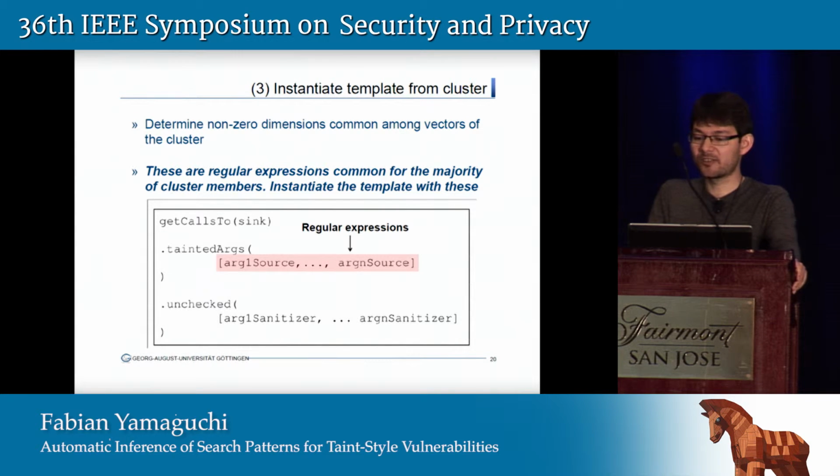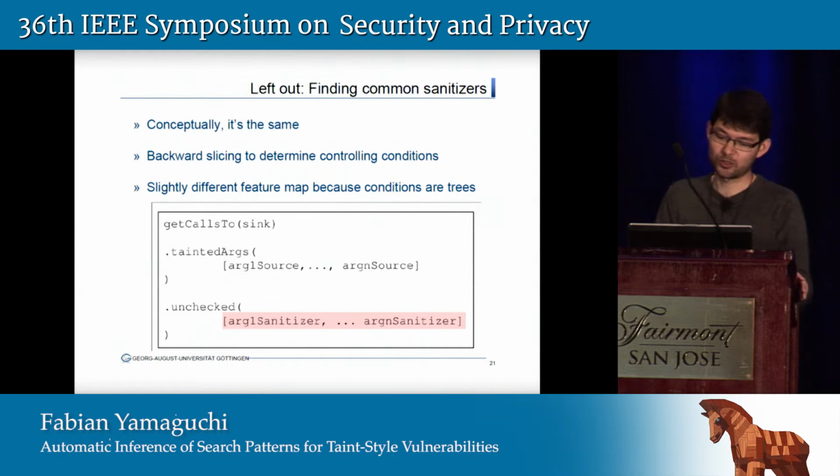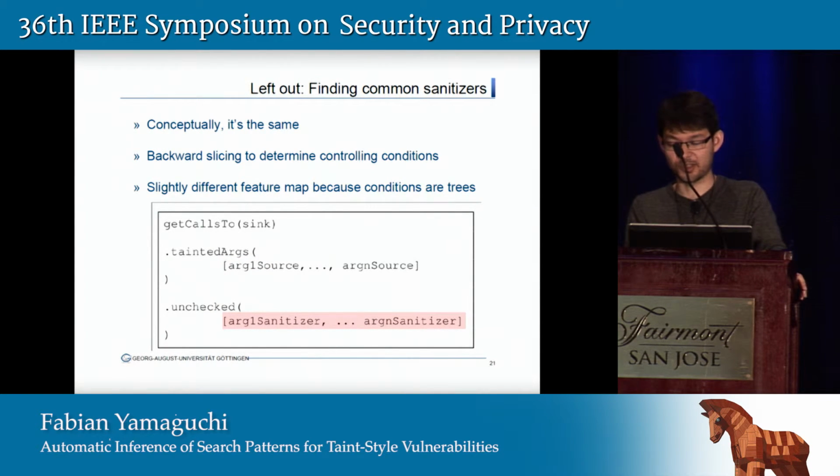Once we have these clusters, all we need to do is look at the non-zero dimensions that are common among the vectors inside the cluster. As I just said, each dimension corresponds to a regular expression, so we can simply take these regular expressions and use them to instantiate the template. Doing this for the sanitizers is conceptually the same.